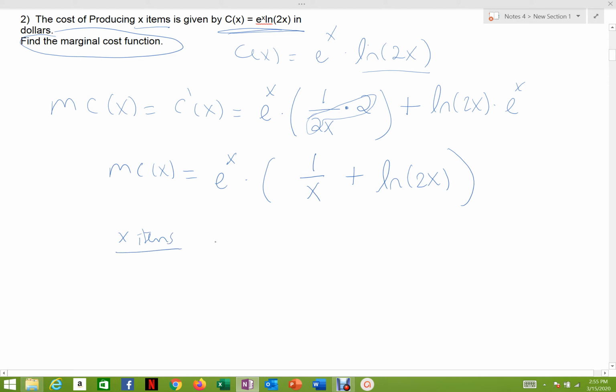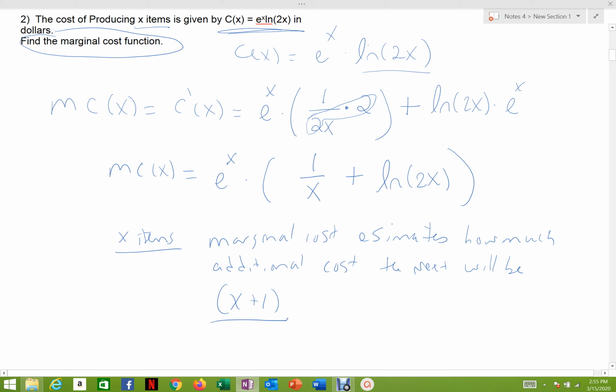If we plug x in, the marginal cost estimates how much additional cost the next item will be. Remember, it's the additional cost for the x plus 1. So if we were producing 100 items, we'd plug 100 in, and that would tell us about how much more the next one, the 101st, would cost us. So remember that about marginal analysis, and go back and look at some of the previous examples on that.